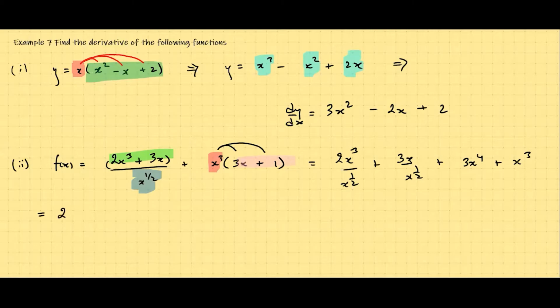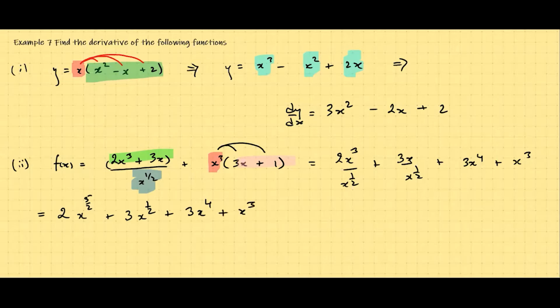I'm dividing things with the same base, so I can just subtract the powers. 3 minus a half is 2.5, which is of course 5 over 2. And x divided by x to the half is just x to the half. So now my function is looking so much nicer.